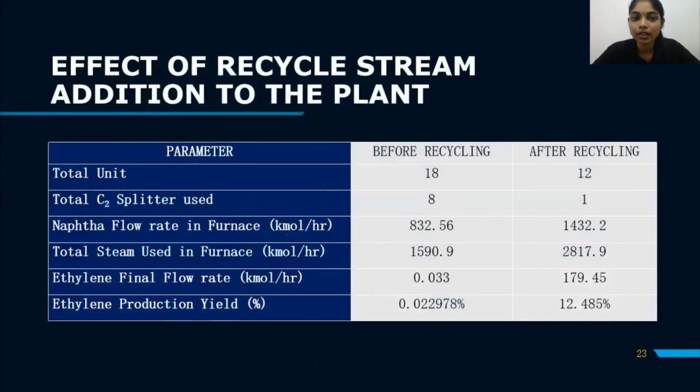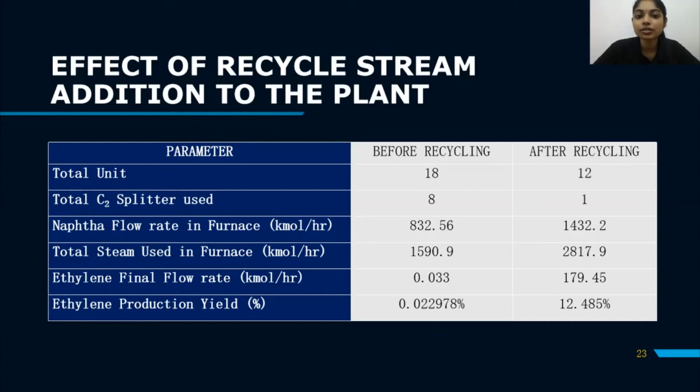Next, we would like to compare the plant's process before and after recycling, and these are the effects of the recycle stream addition to the plant.